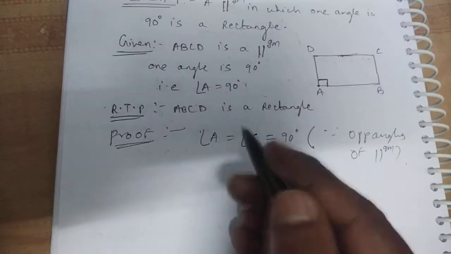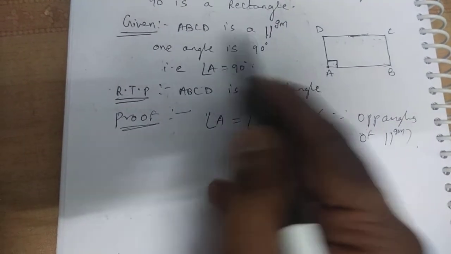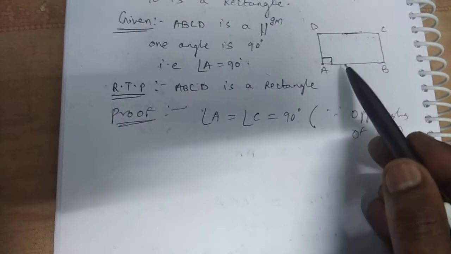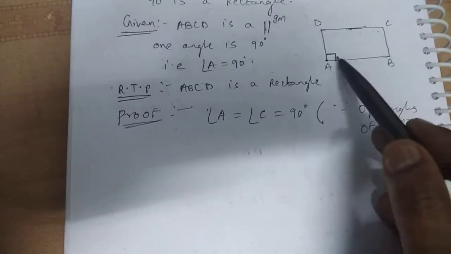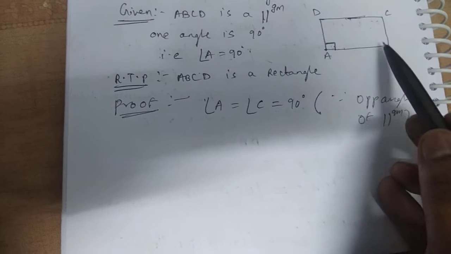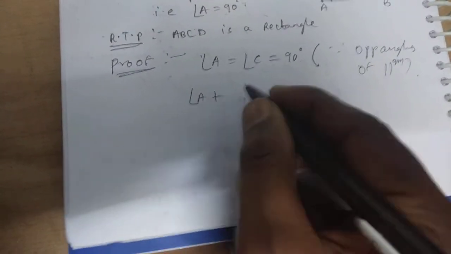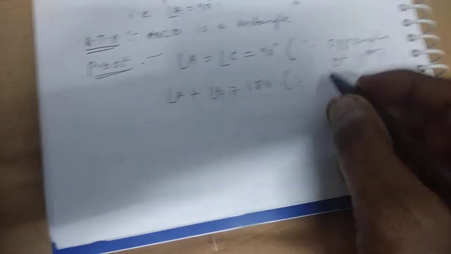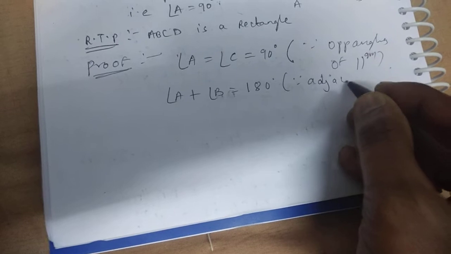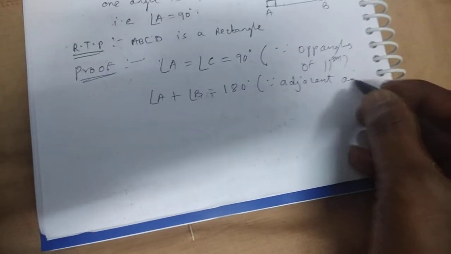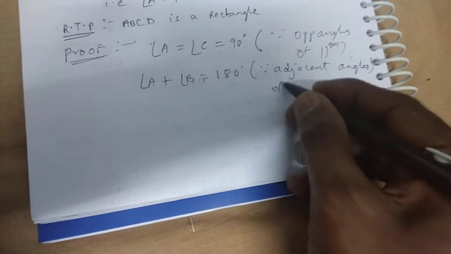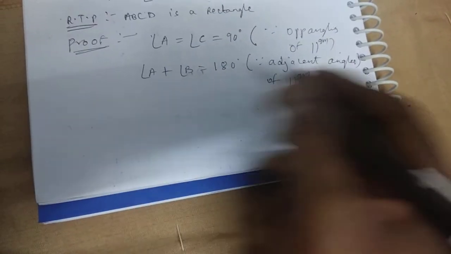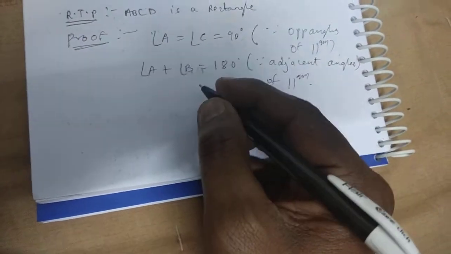Now, since ABCD is a parallelogram, adjacent angles will be supplementary. Angle A and angle B will be supplementary. Angle A plus angle B is equal to 180 degrees, since adjacent angles of a parallelogram are supplementary.